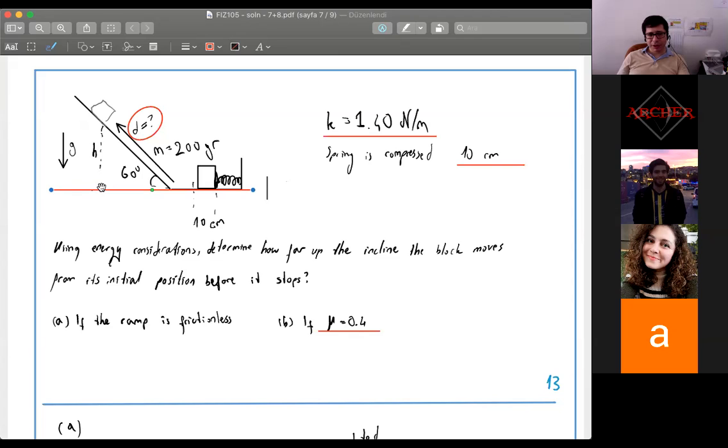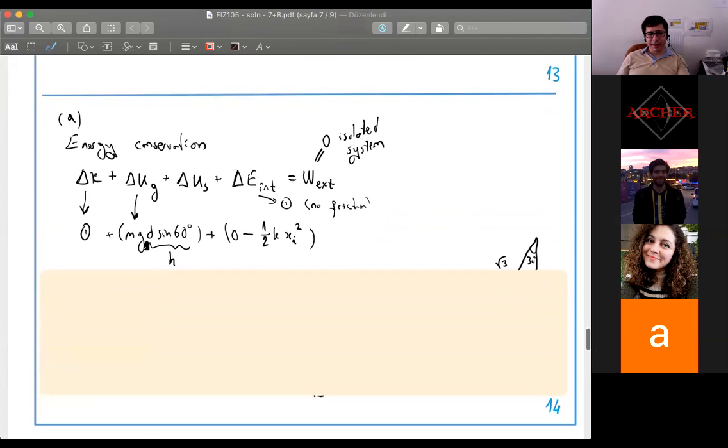Final gravitational potential energy will be this distance times mg, and this distance is just d times sine theta. D is what I'm trying to find. It's my unknown. Here it is, mg d sine theta. And d sine theta is h. So this is just mgh, final gravitational potential energy.